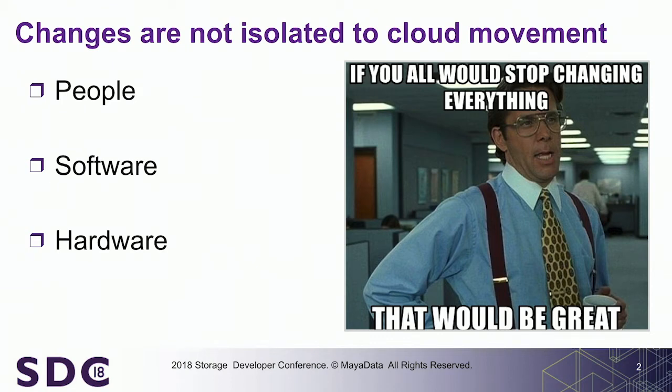The software itself, obviously, is not the same as it was 10 years ago, and there are certain things built into these cloud-native applications from the get-go that may result in doing things a little bit differently from a storage aspect. And lastly, hardware, obviously. There's a lot of talk about NVMe and SSD during this conference, and so we really want to figure out how we can exploit these new things.